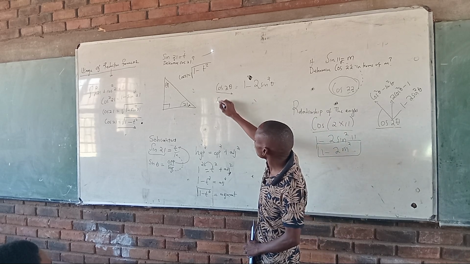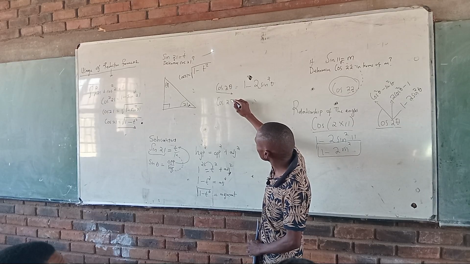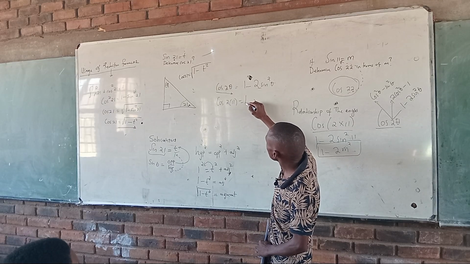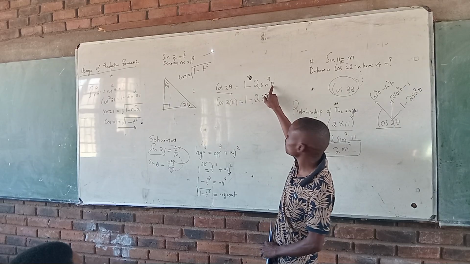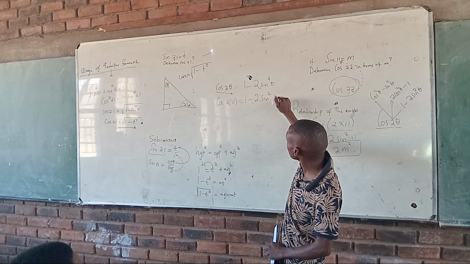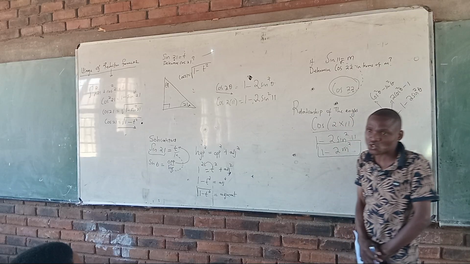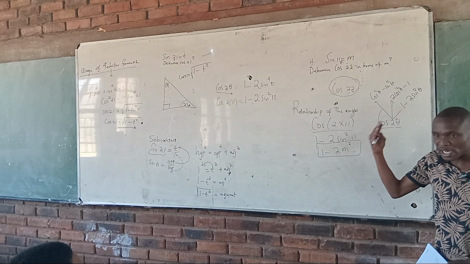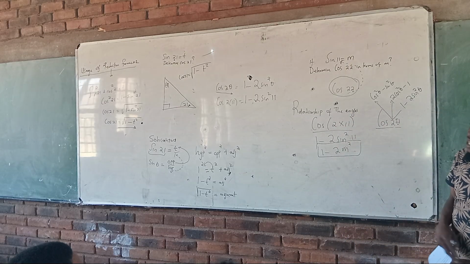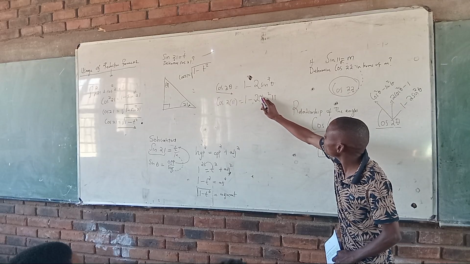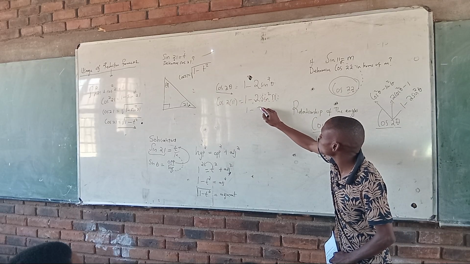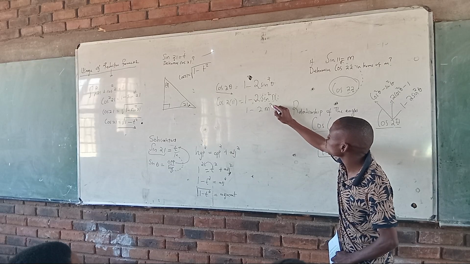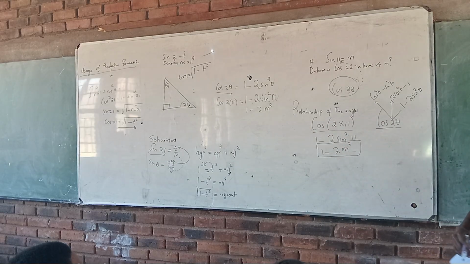Which means that cos 22 is 1 minus 2 sine squared. Here we were saying theta. It means here we will say 11. So cos 22 is the same as 1 minus 2 sine squared 11. And we know that sine 11 is m. This guy is m. So we're going to have 1 minus 2 m squared. So cos 22 is 1 minus 2m squared.